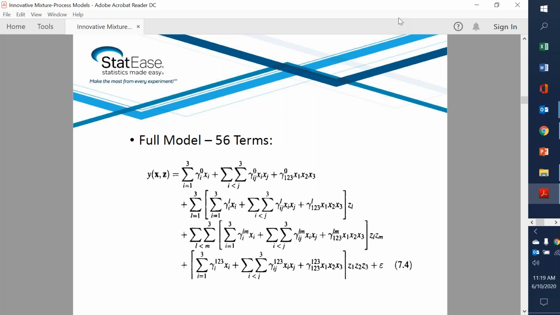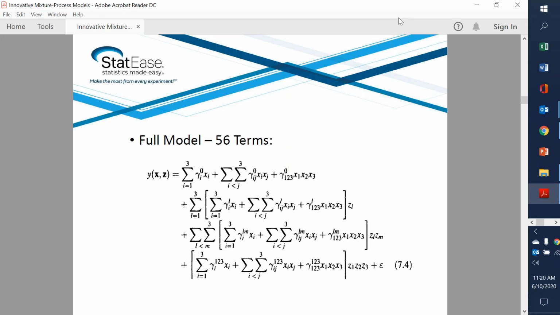John loved interactions. And here is that full model that he would have been using. He did use it at one point for his fish patty data, which had 3 mixture components and 3 process factors. And notice you don't see Z's, and we'll be consistent with this. The Z's represent the process factors.